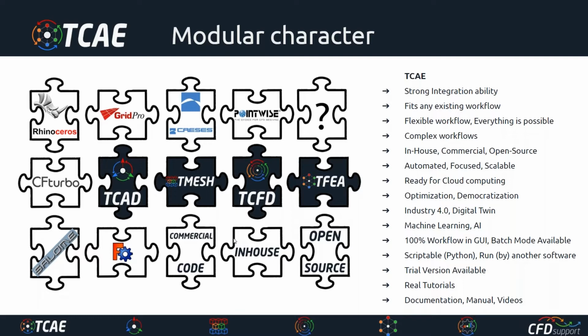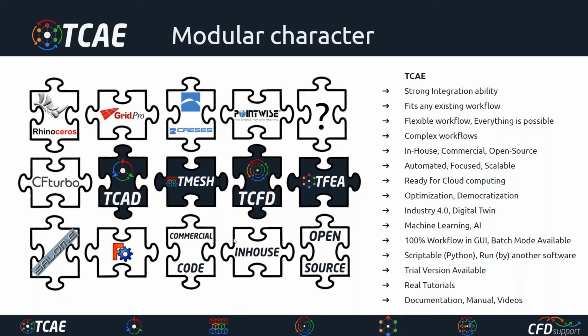TCAE has strong integration ability. It has been developed from the beginning in a way to fit any existing workflow, no matter what it is combined with. No matter if it is combined with commercial codes or in-house codes or with another open source code, because it has strong interfaces and it's very flexible.